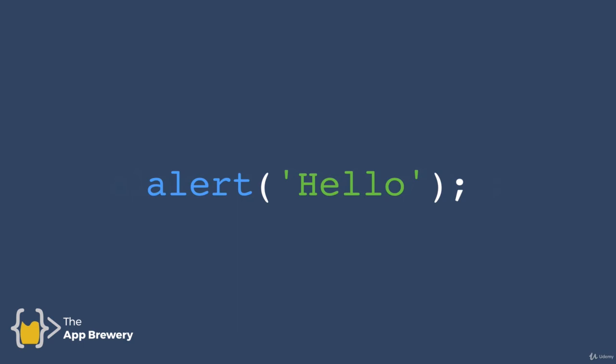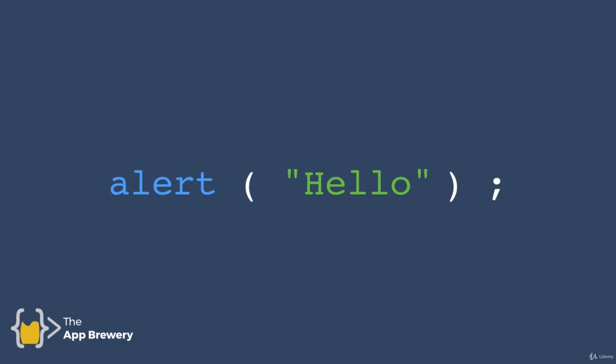And later on, I'll show you cases where the single quotes are preferred. But when we're talking about a string, a piece of text, basically something that we're writing and we're telling the computer that this is not code, this is just text, so that it doesn't treat it as a keyword like alert, then we're going to be using the double quotes.